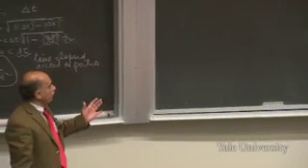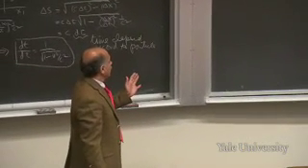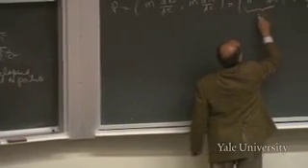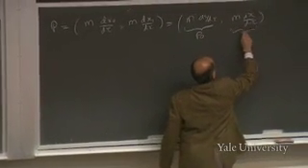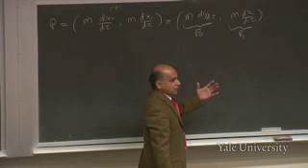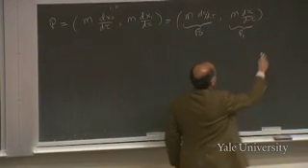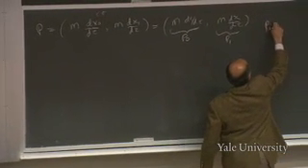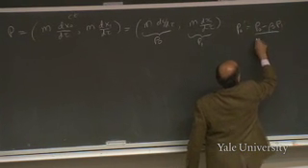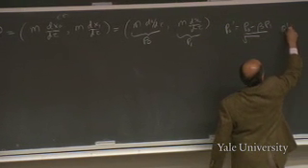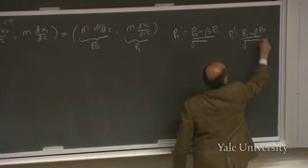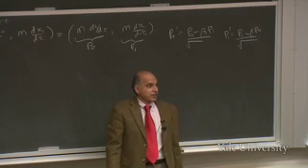That means if you know the components of this in one frame of reference, and you call one of them p0, and you call this one p1, then in a frame that's moving relative to you at speed u, p0 prime will be p0 minus beta times p1 over the square root, and p1 prime will be p1 minus beta times p0 over the square root. It'll transform just like the components of x.